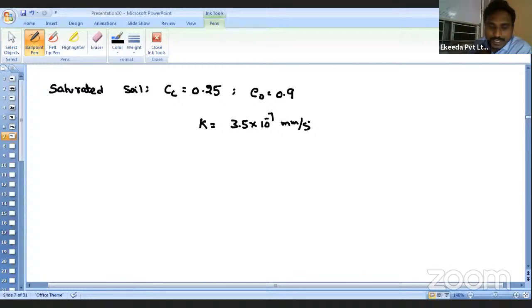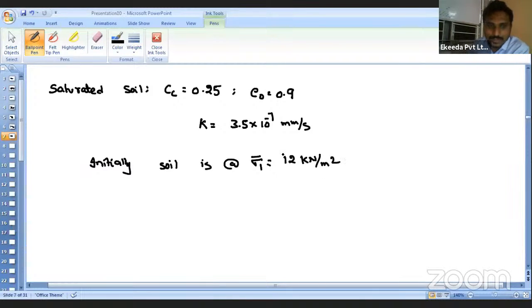And initially the soil is at a stress. In the initial condition we represent it with sigma 1 bar. Let us assume that initially the soil is at a pressure of 12 kilonewton per meter square.